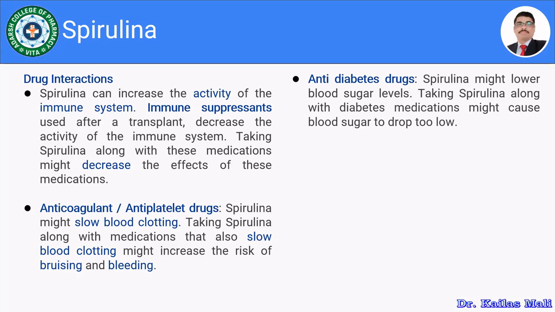If we give spirulina to an organ transplant patient who is on therapy of an immunosuppressant, that may increase the chances of rejection of the organ, isn't it? So one should avoid prescribing spirulina to such a patient.